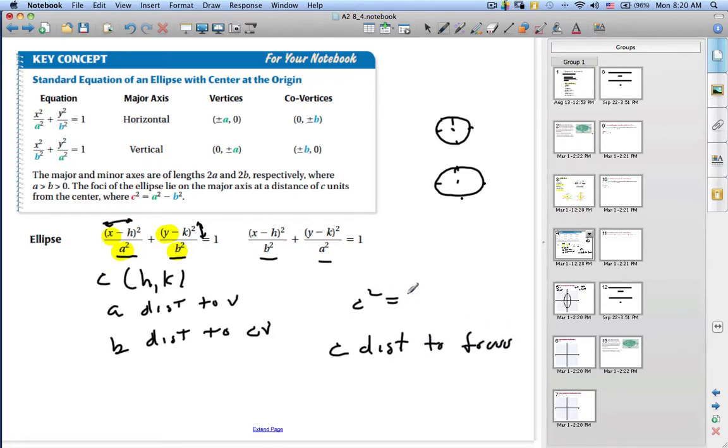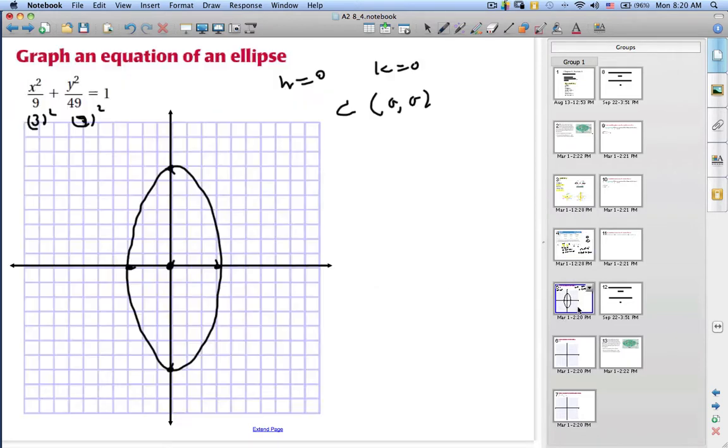It needs to be less than the distance to the vertices, so it'll be equal to a squared minus b squared. So this is not the Pythagorean theorem, but it's very close, right? This sign is different. So if I go through and find the distance from center to focus, c squared will be equal to 49 minus 9. So c will be equal to the square root of 40, which I would call 2 root 10.